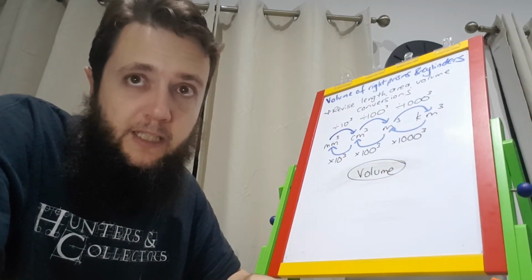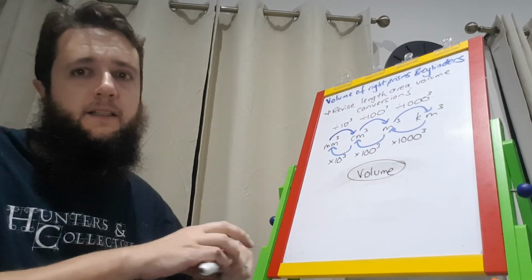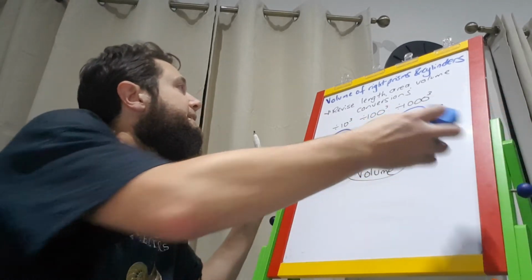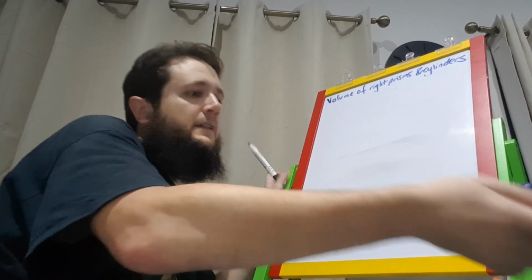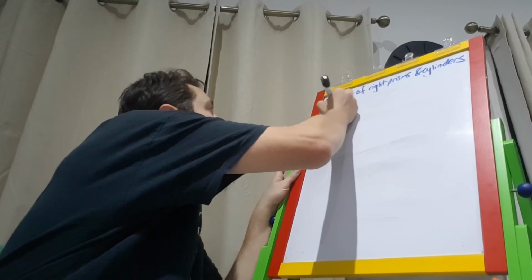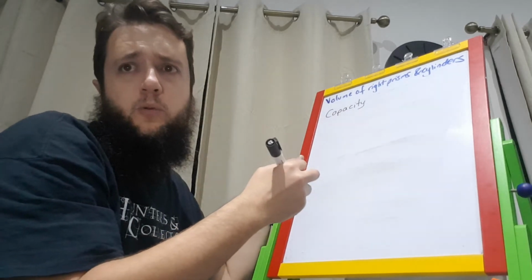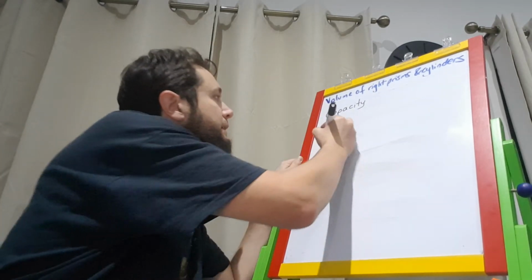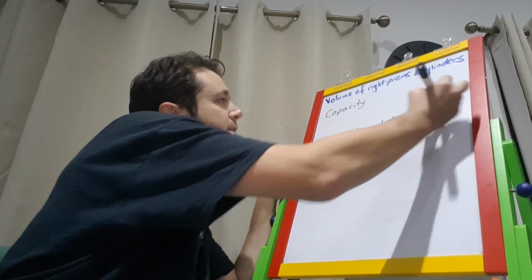Now, the other thing you need to be able to do is deal with capacity. So, in that case, it's different again. You need to be able to deal with capacity, which means moving between milliliters, liters, kiloliters, and megaliters.